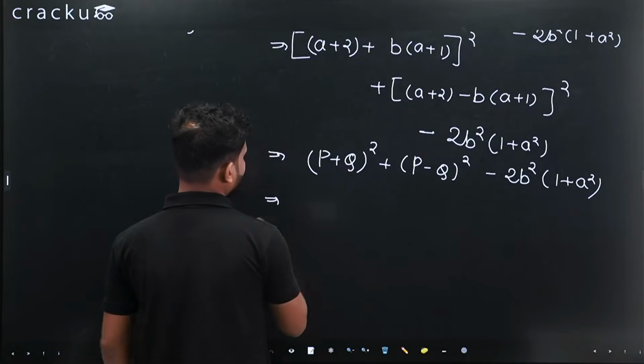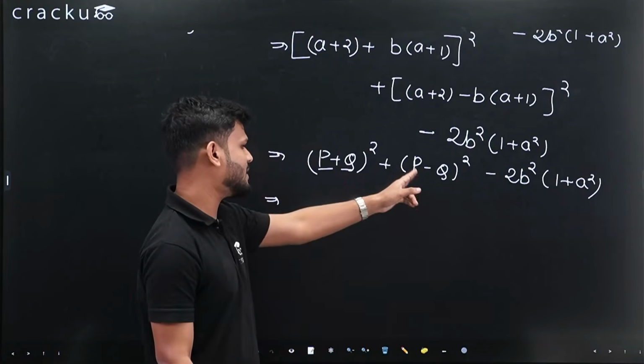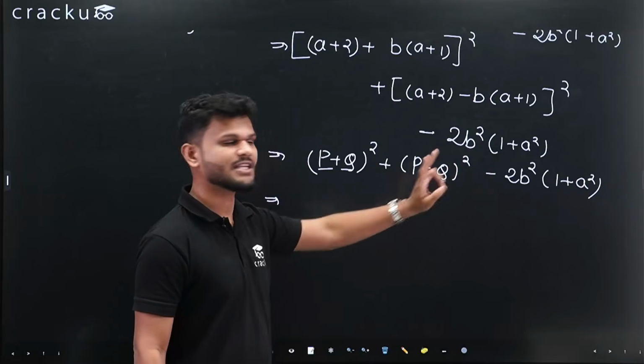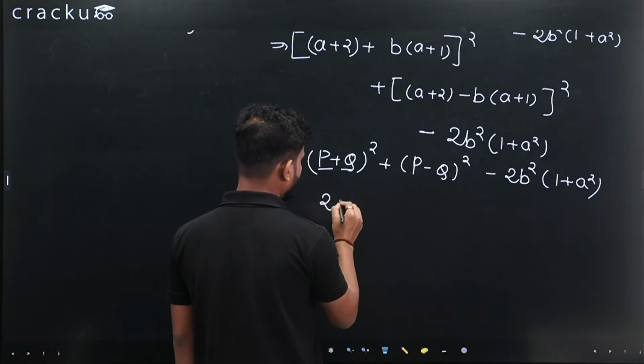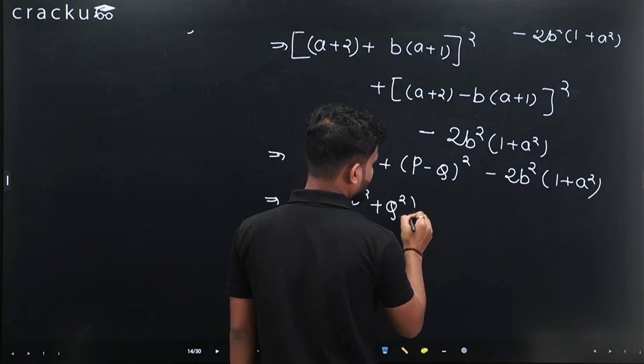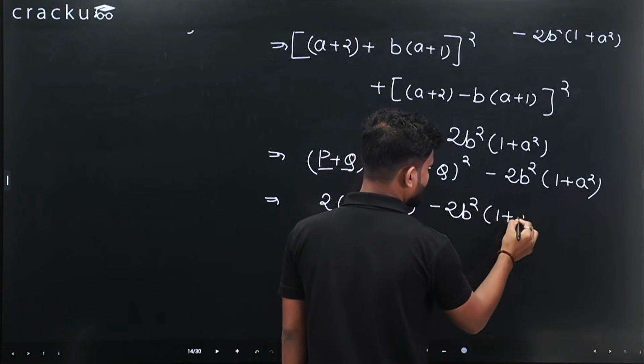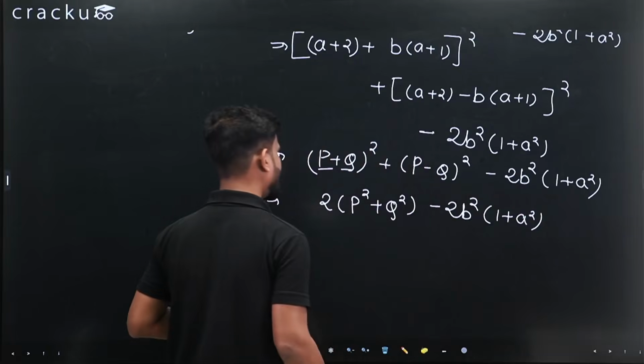From here what I get? This is p square plus q square plus 2pq. This is p square plus q square minus 2pq. So I will get 2 into (p square plus q square) minus 2b square into (1 plus a square), correct?